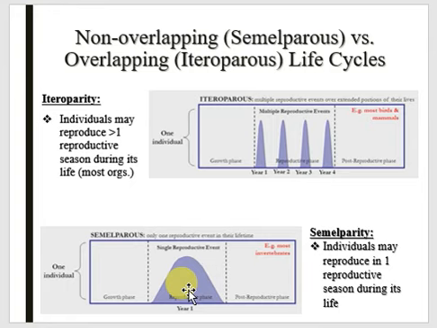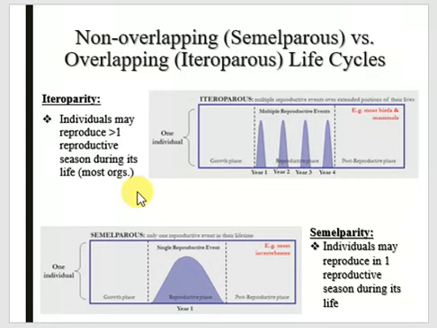They won't overlap. You won't have some individuals from one generation remaining into the second generation. That's more of what you see with iteroparity, as far as overlap, right?